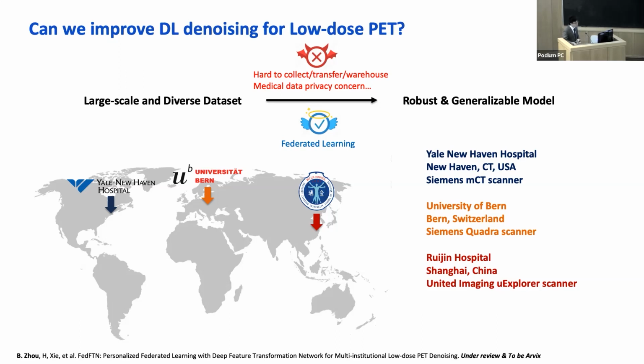But it's really hard to collect, transfer, and warehouse those medical data due to challenges such as data privacy concerns. So to address this issue, we conducted the first study on a federated learning solution for multi-institution low-dose imaging in collaboration with University of Bern in Switzerland and Ruijin Hospital in China.